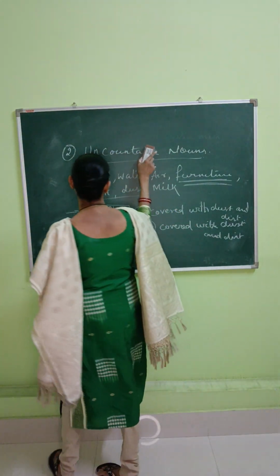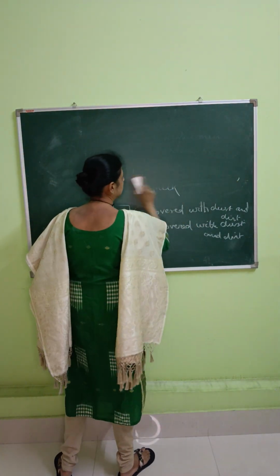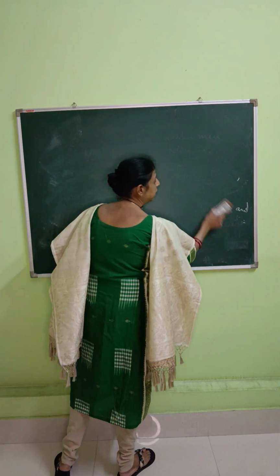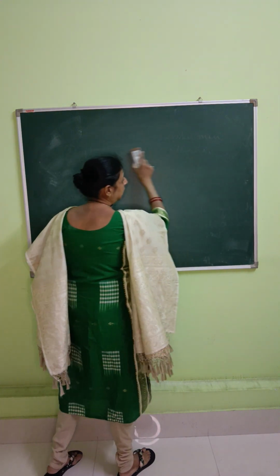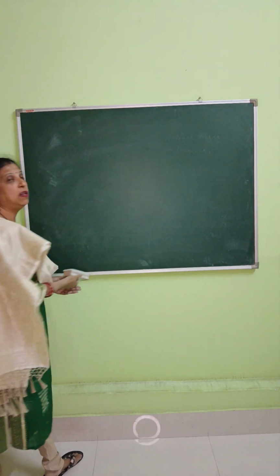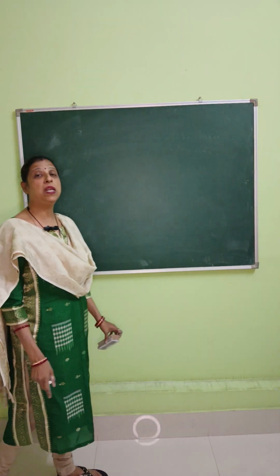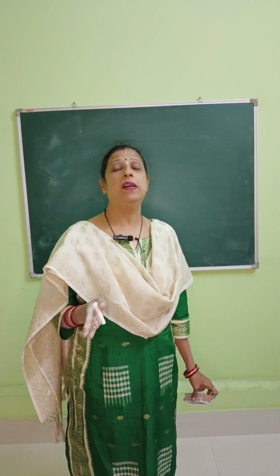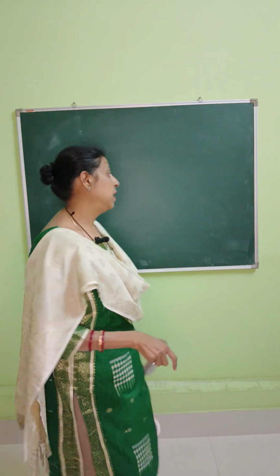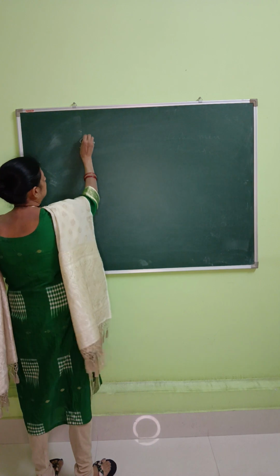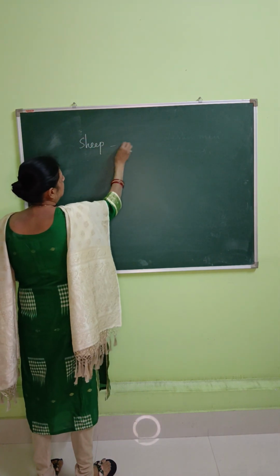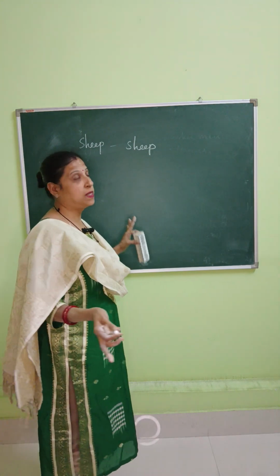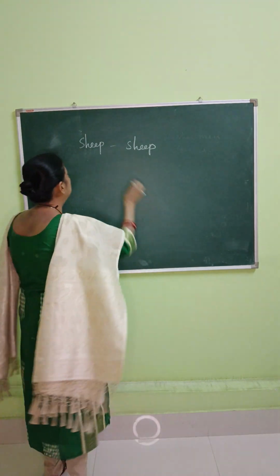Okay, let me tell you, that is the third key point, where the plural of the noun remains the same as it is in the singular form. Like I'll say sheep, it will be sheep. You cannot say sheeps, it will be sheep.